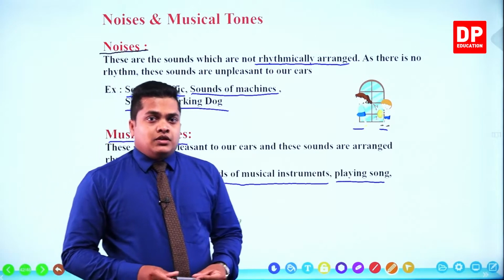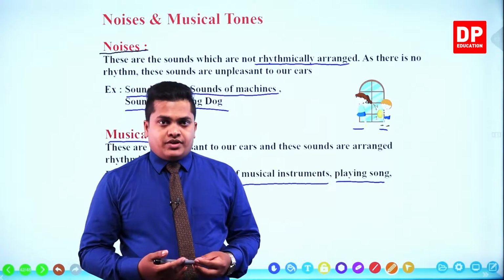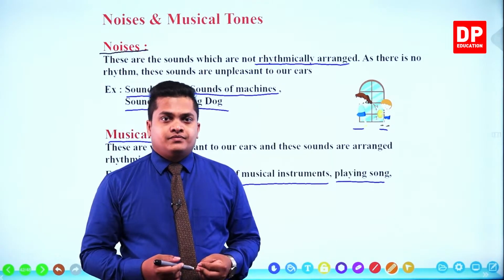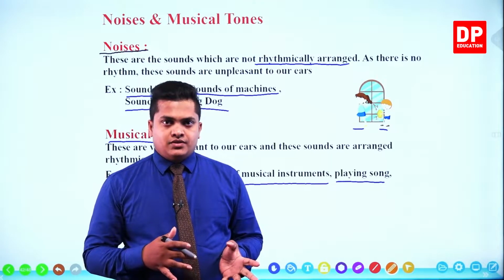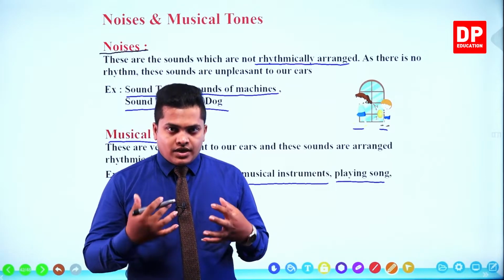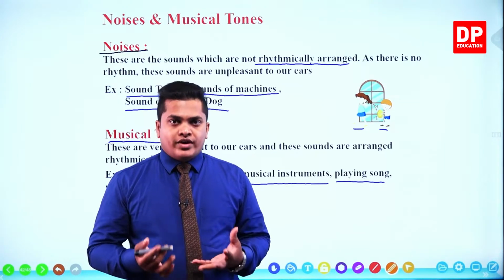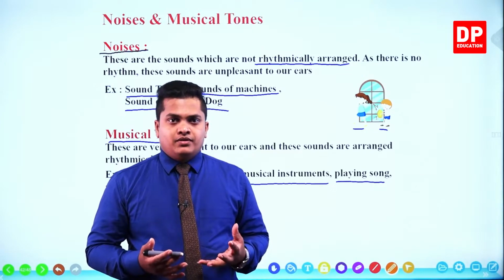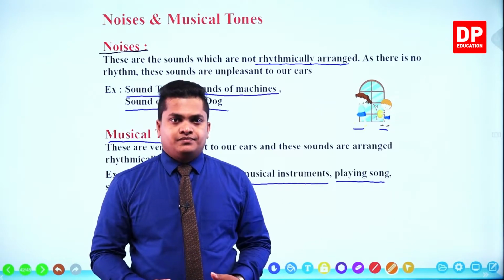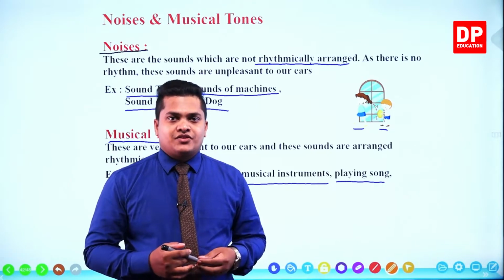When you go outside, to your surroundings, you can hear the sound of birds. There are several birds that emit sound to a wonderful rhythm. In the early morning, when you wake up, we can listen to those sounds. We like to hear those sounds because they are rhythmically arranged.